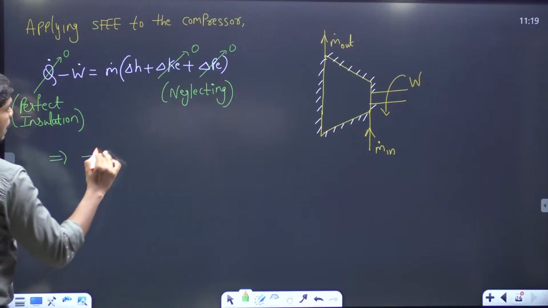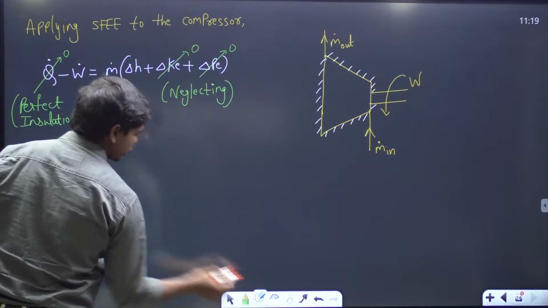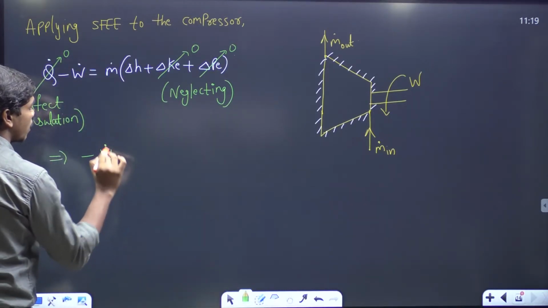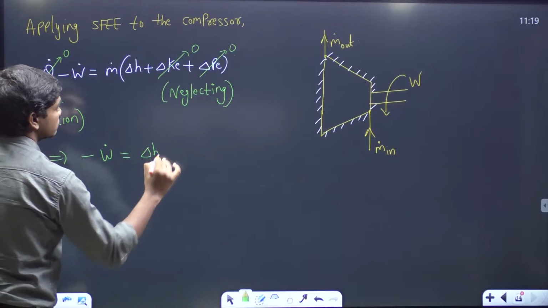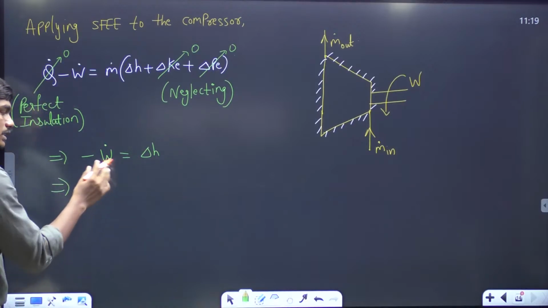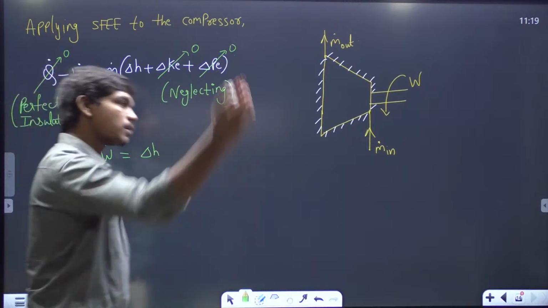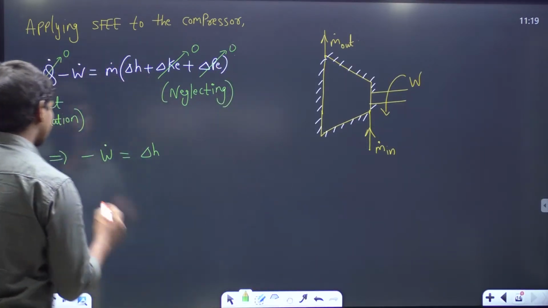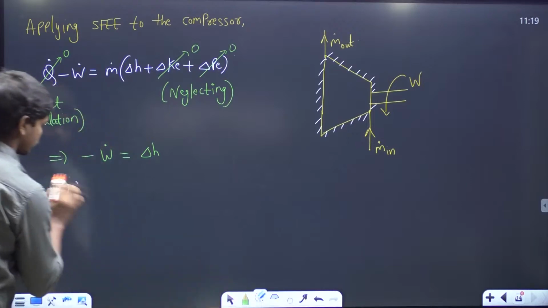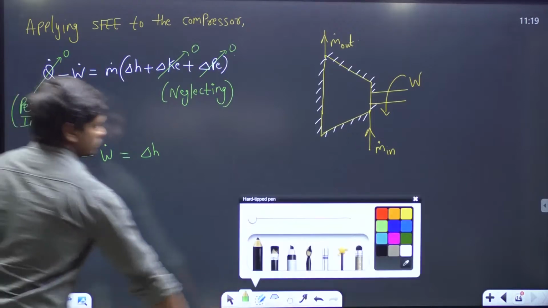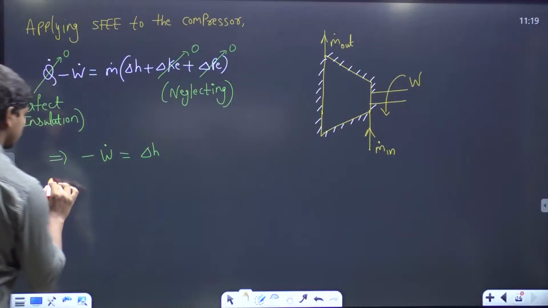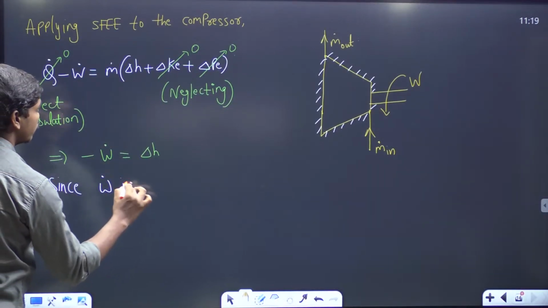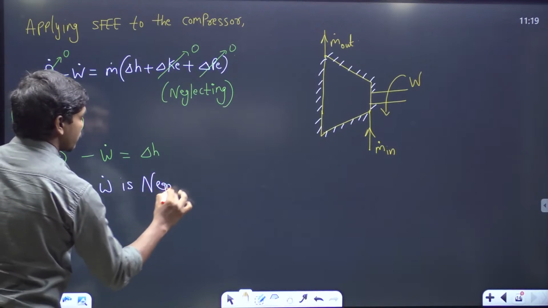This implies, for unit mass, minus small w is equal to delta H. Since W is negative, because we are supplying work onto the system, you can write work supplied to the system.